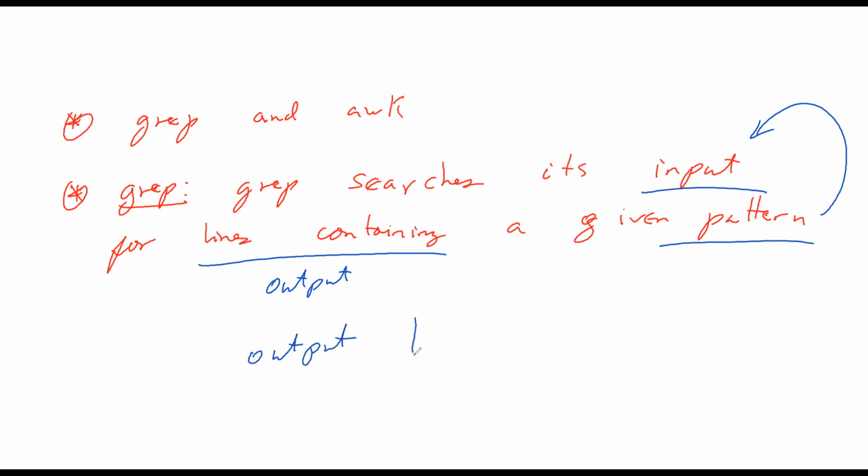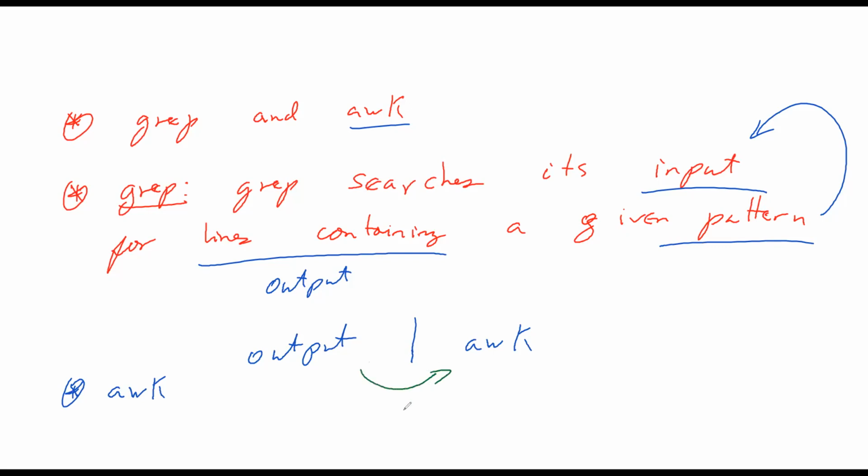And that other thing, as you might imagine, is awk. It can be piped into awk itself. Awk takes the output, whatever it is, and it gets redirected to awk.